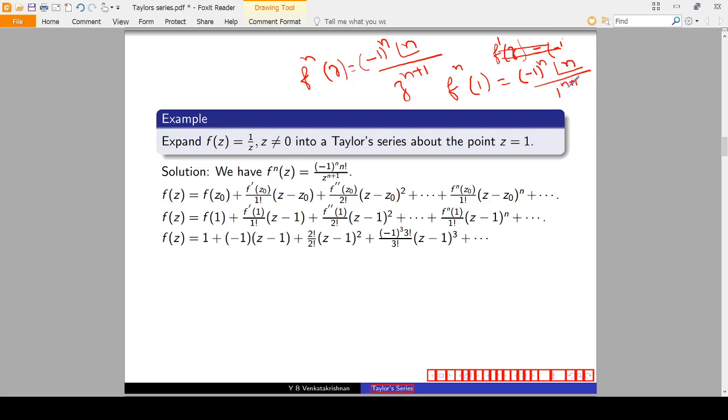So whatever be the values, this will be 1. So I will have minus 1 whole power n times factorial n. When I substitute n is equal to 1, I will have minus 1.